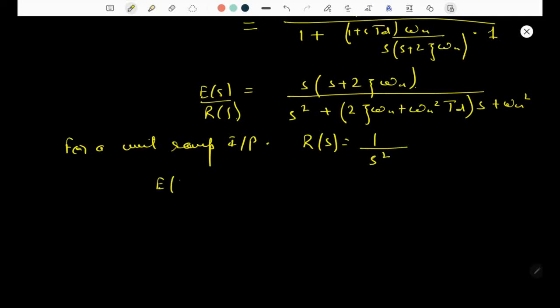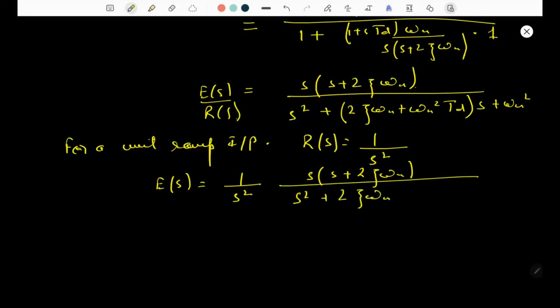So E(s) is equal to 1 upon s square, into s into (s plus 2 zeta omega n) divided by s square plus (2 zeta omega n plus omega n square TD) into s plus omega n square. We have just put the value of R(s) equal to 1 upon s square, so we are getting E(s) in this form.